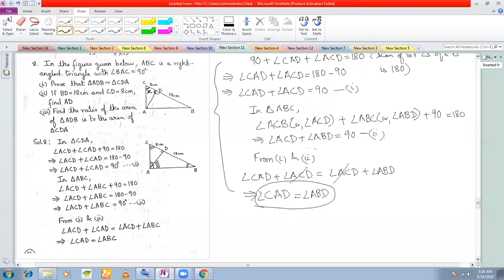Okay, and let us consider this angle to be y. Okay, and this angle is given to you as 90 degree. So now see what happens. You consider this triangle. So you have x plus 90.